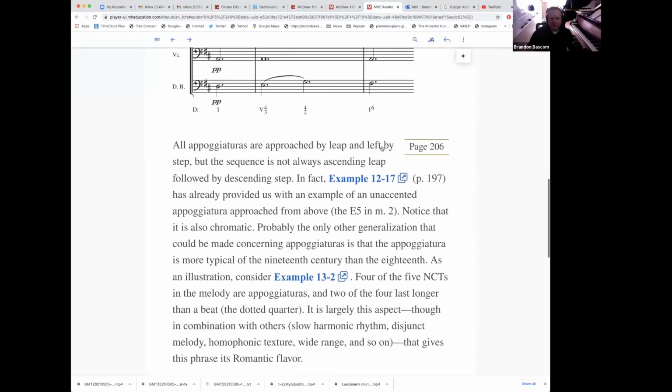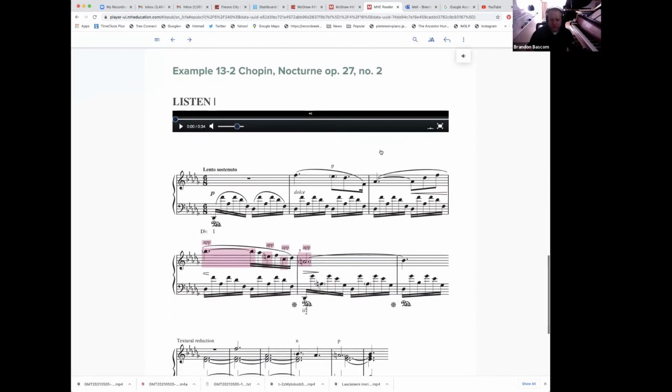All right. So we know what appoggiaturas are. Example 13-2.